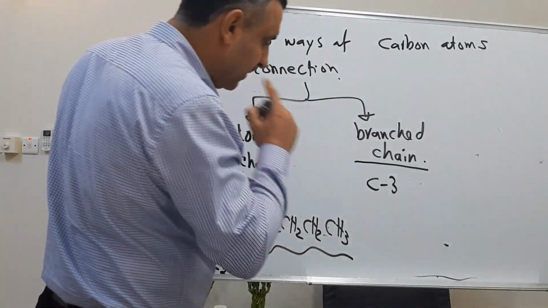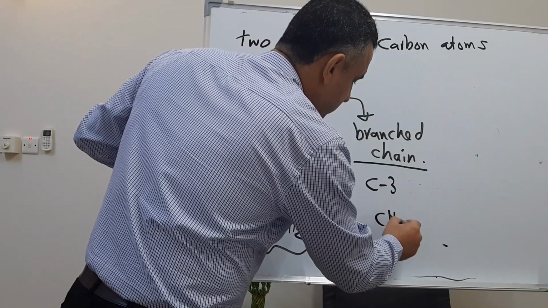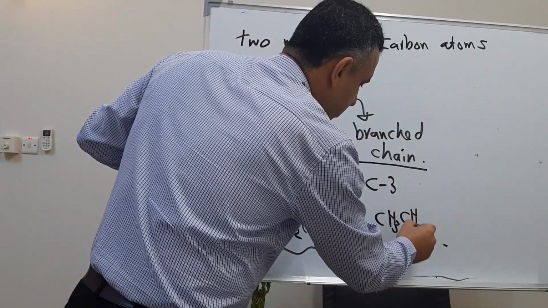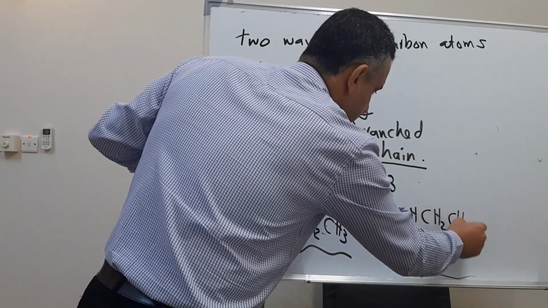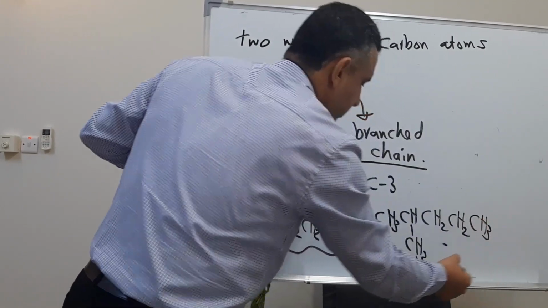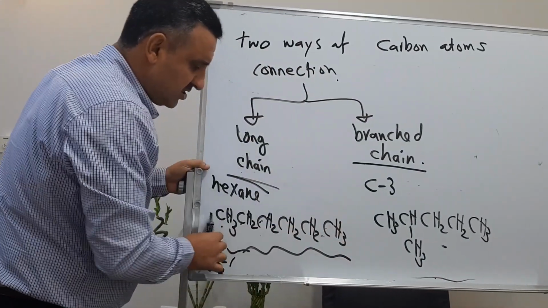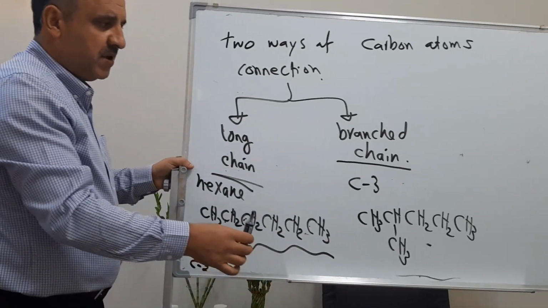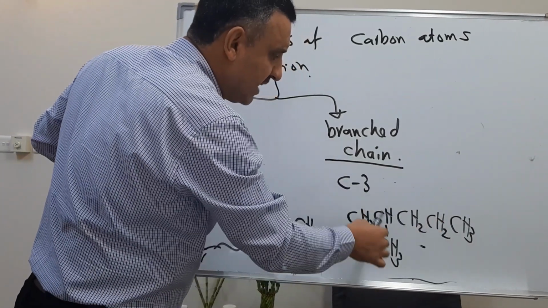chain. For example, another example of this can be CH3, CH3, CH2, CH2, CH3. So as you can see here, we have 6 carbons attached in a long chain like this. We have here 6 carbons attached in a branched chain.